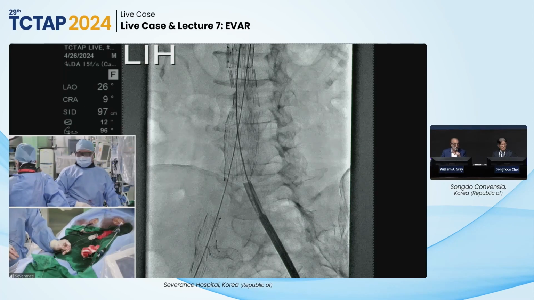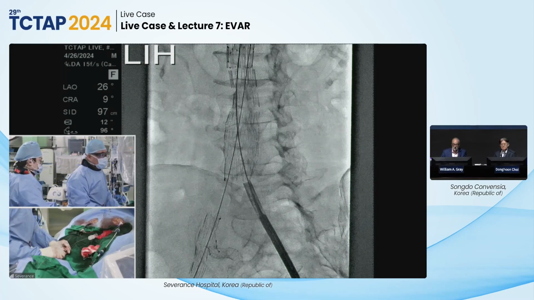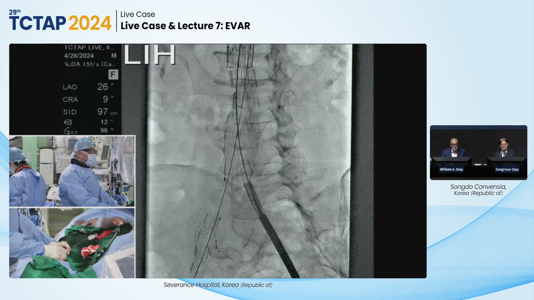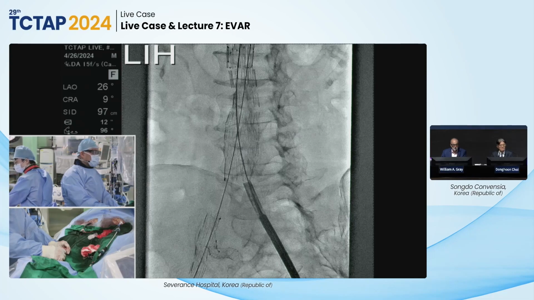Dr. Ko, what percentage of your patients do you think that you use branched endografts on today? I think it is not frequent. Actually, we have a lot of patients with common iliac artery involvement, but rarely do they meet the IFU conditions.